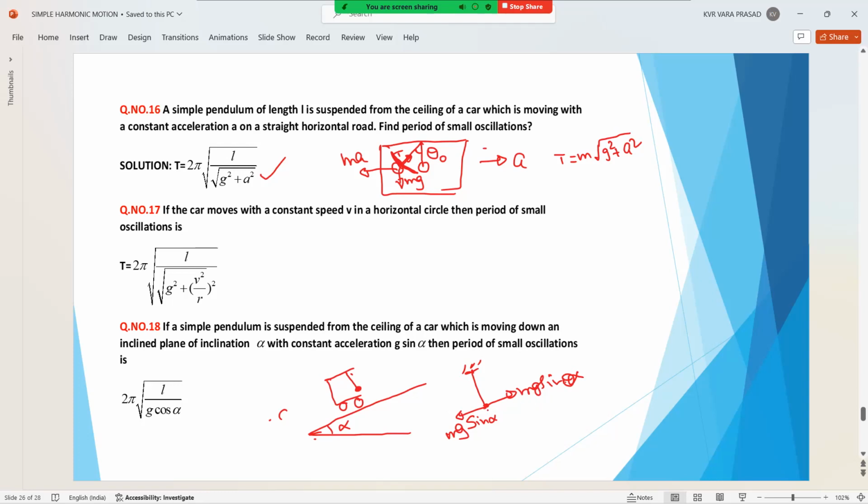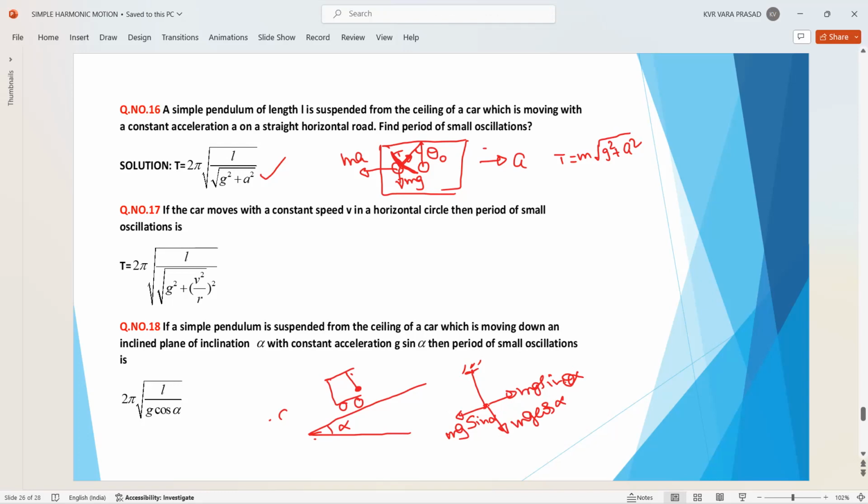Now the only net force, we can say, is the weight component normal to the inclined plane. That is mg cos alpha, right? That means here we are replacing the value of g with g cos alpha. This is now the mean position.